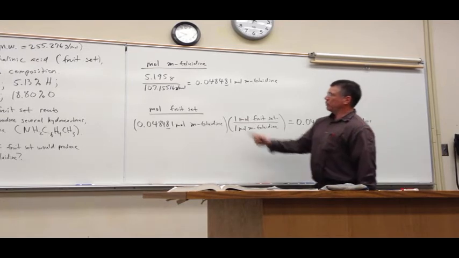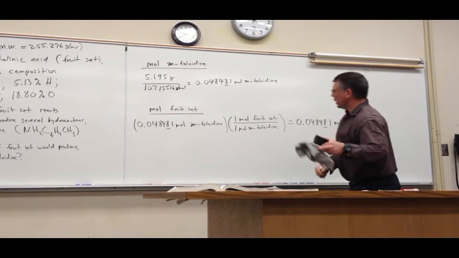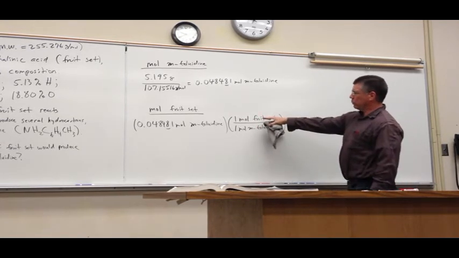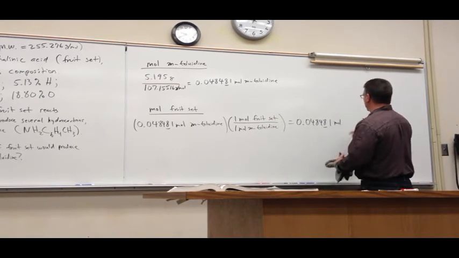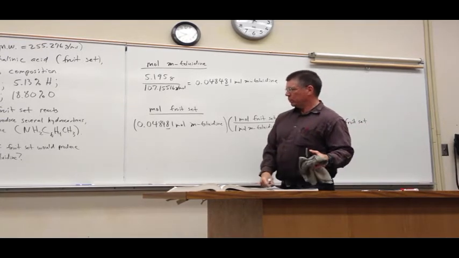All right, so we figured out how many moles of metatoluidine. Whoops, this is fruitset. And because from our calculation over here, we knew that 1 mole of fruitset produces 1 mole of metatoluidine, we know how many moles of fruitset.